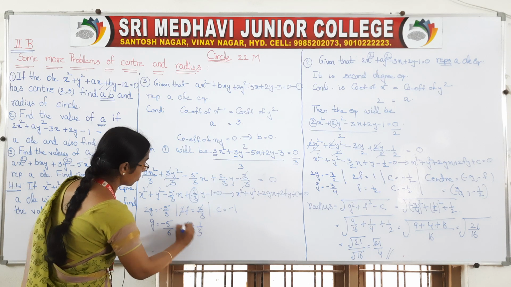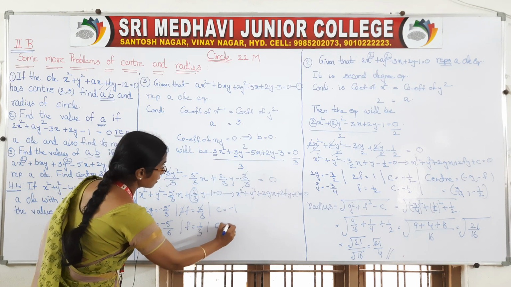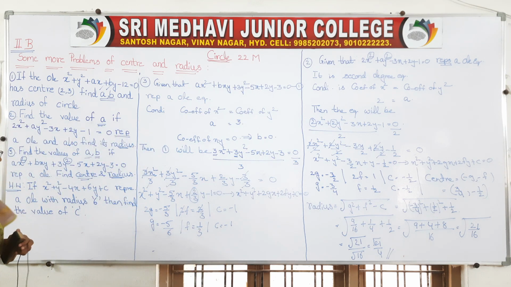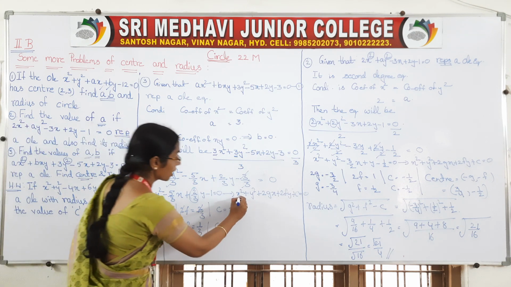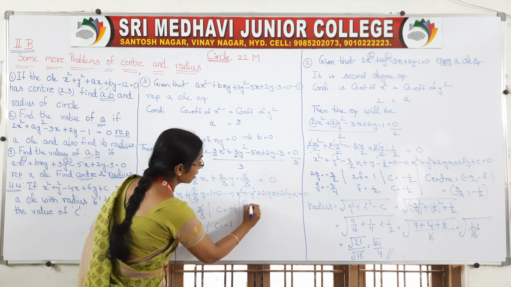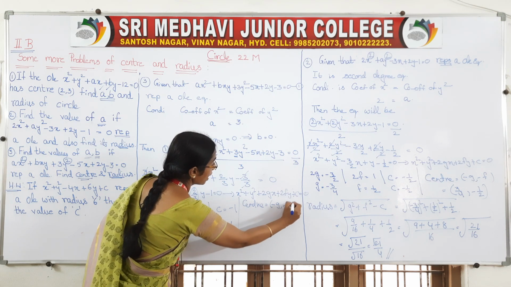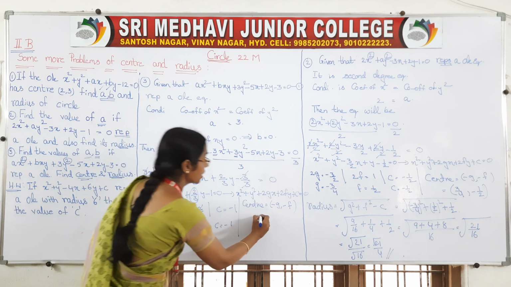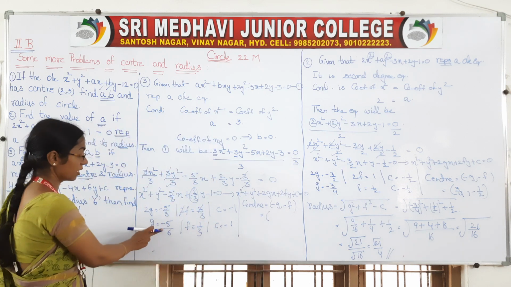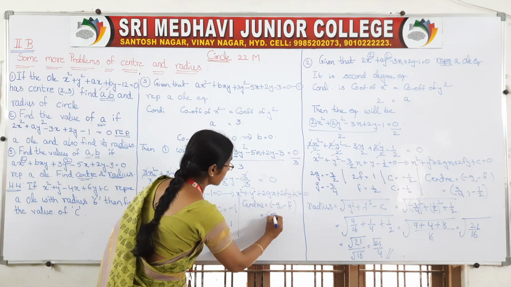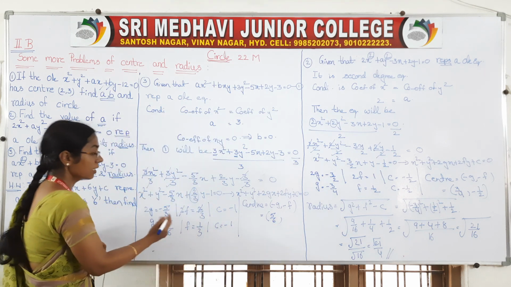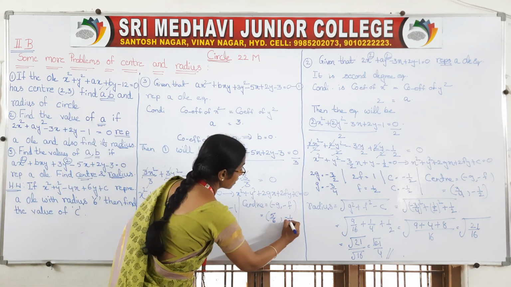F is equal to 1 by 3 and c is equal to minus 1. The question is to find the center and radius. So come on, the center is equal to (minus g, minus f), so it is (minus of minus, plus 5 by 6, and minus 1 by 3).